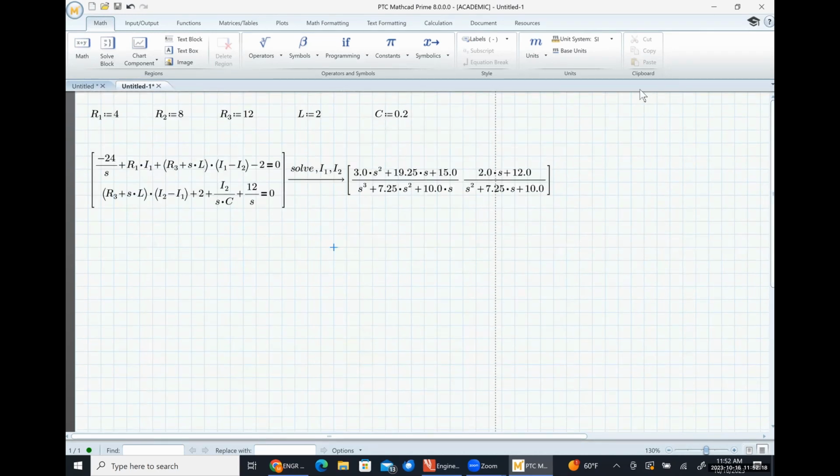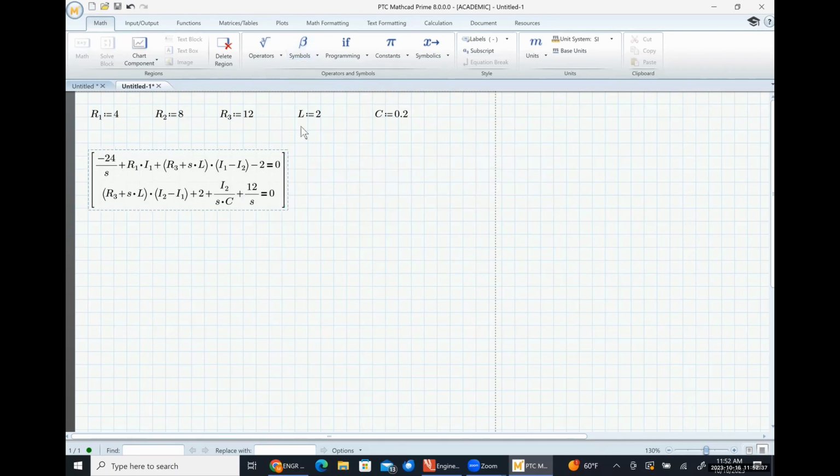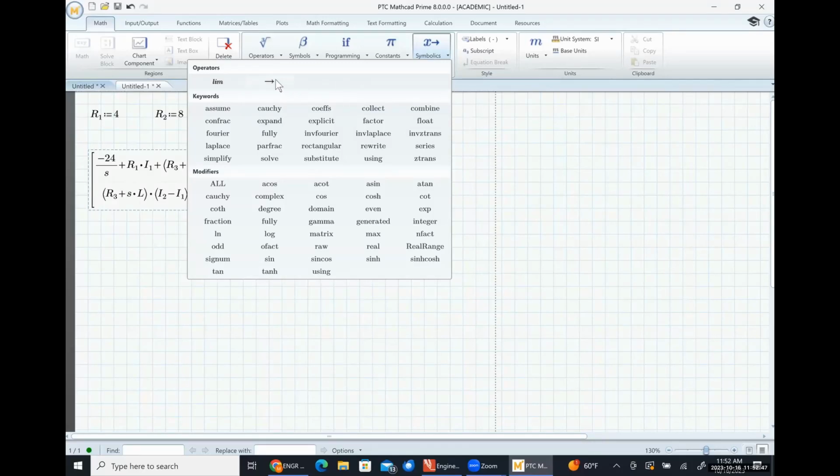Wrong direction. So let me get this dumb zoom thing out of the way. So after I make my matrix, I need to make sure I don't delete the whole thing, or that's going to make everything miserable. So my cursor is on the outside of this matrix. In the math tab, I click on symbolics and then I press this arrow because we are symbolically solving this system.